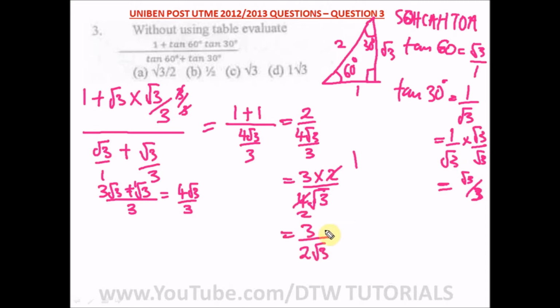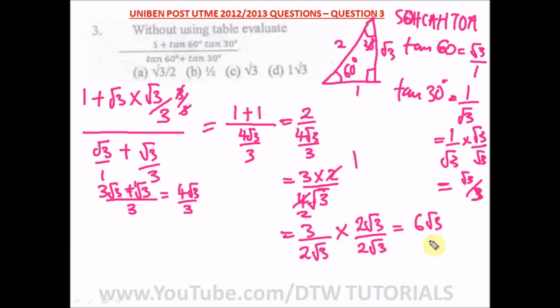Now you can't still leave your answer this way. We have to rationalize, that's to cancel out the square root in our denominator. In rationalizing, we will multiply the numerator by 2 root 3 and the denominator by 2 root 3. So what do we have here? 3 times 2 gives us 6 root 3.